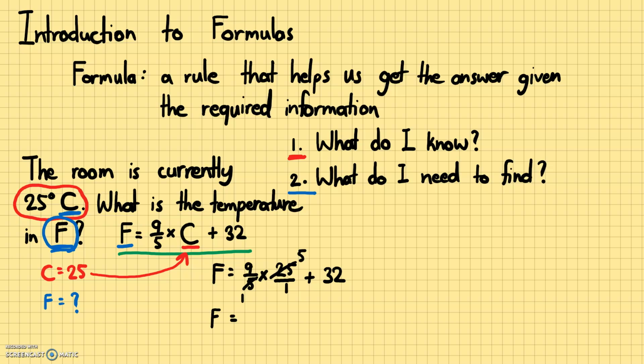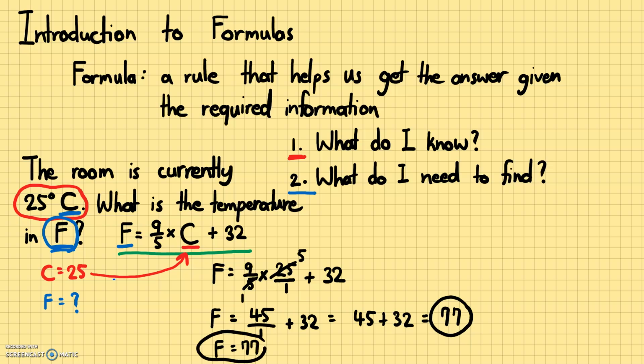Then we get that F equals 9 times 5, which is 45 over 1, plus 32. 45 over 1 is just 45 plus 32. So that is going to equal 77. So F equals 77 is our answer.